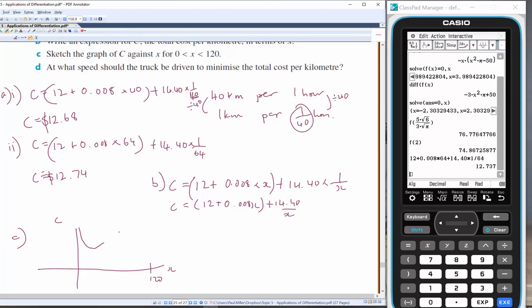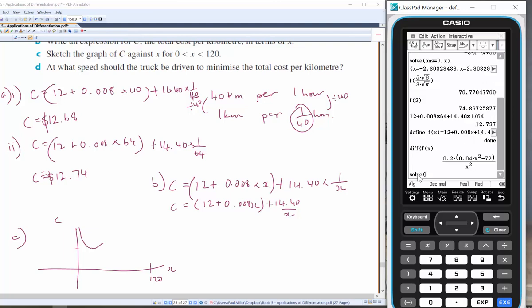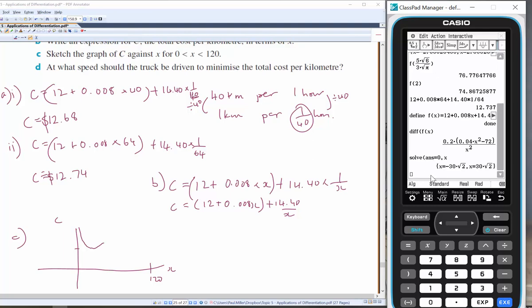It's going to increase. So what we need to do is find out what the cost is when that happens. To do that, I'm just going to use some calculus. So I'm going to define f of x as the cost function, which is 12 plus 0.008x plus 1440 over x. I'm going to diff it, solve it, let's get an exact out of it, solve answer equals 0 for x, and I've got 2 points there.